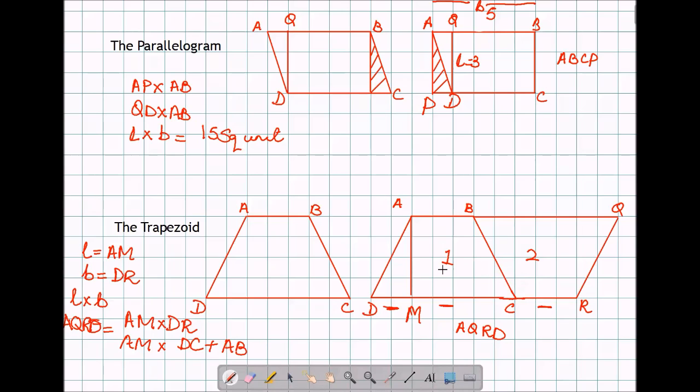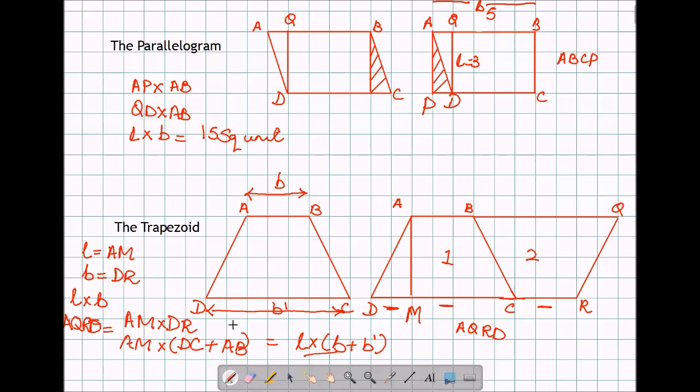As they are both the same trapezoid, the length of CR will be the same as the length of AB. That gives me the altitude, the length of this altitude AM, into, if I consider this as B, then this becomes my B, AB, and if I consider this as B dash, this becomes my B dash.